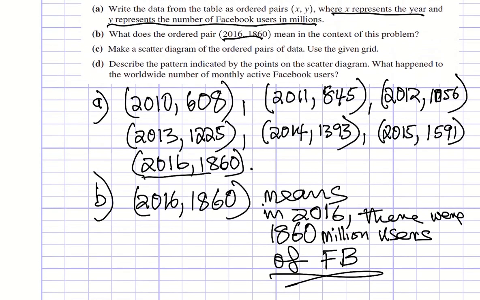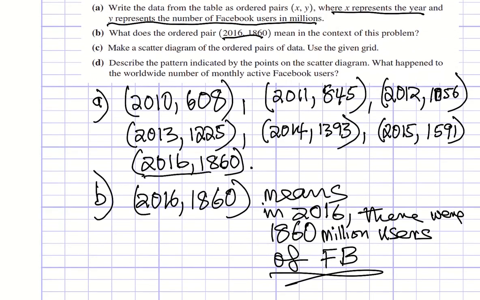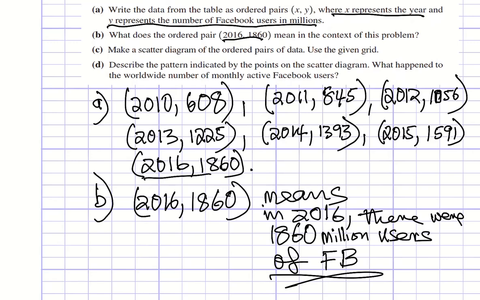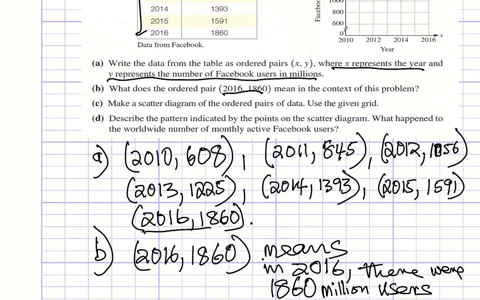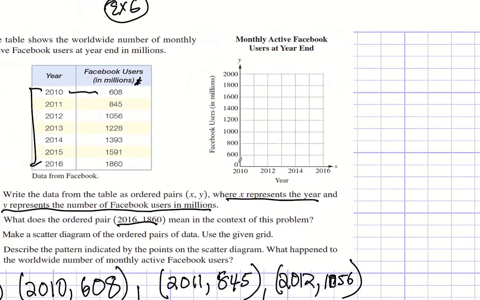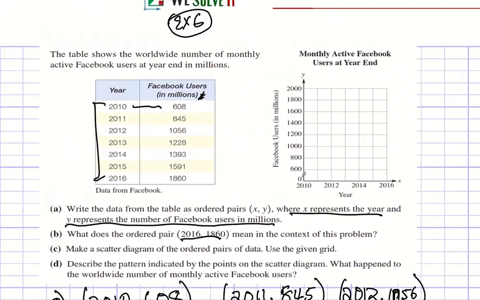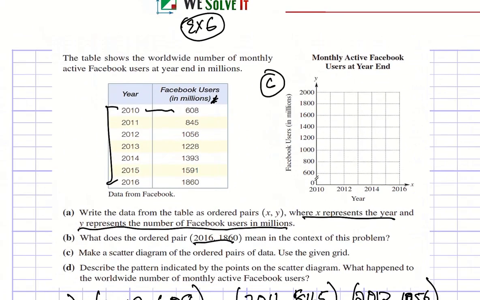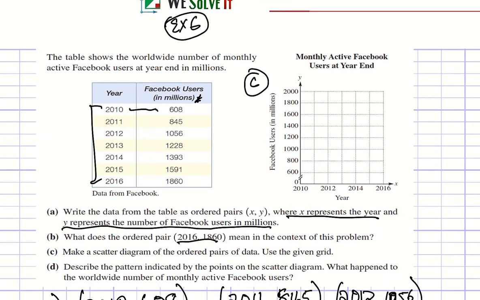Okay, C. Make a scatter diagram of the ordered pairs of data. Use the given grid. They want you to use this grid here. The scatter diagram, we're going to do that in detail when we study statistics.